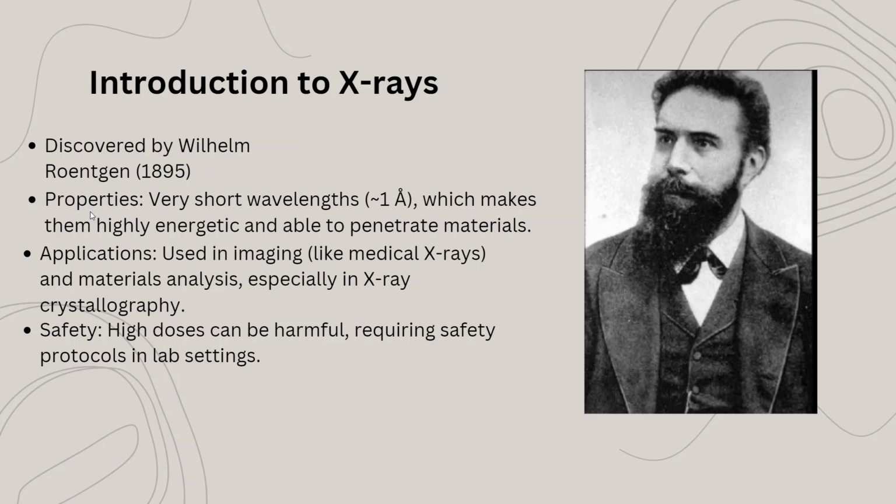The cathode rays were not of high enough intensity to reach far sources, but here the rays were reaching the far source. So initially it was called an unknown source, and so it was called X-rays.